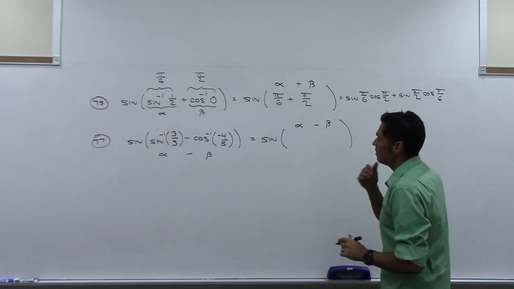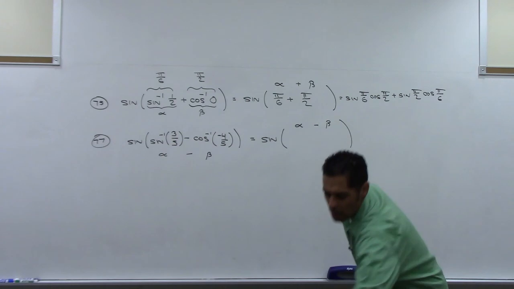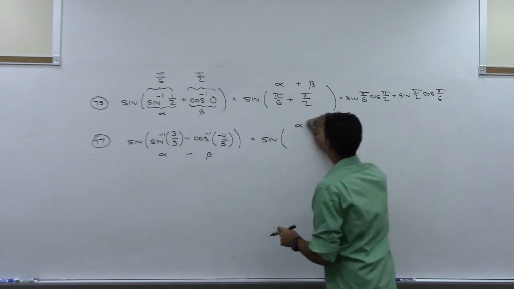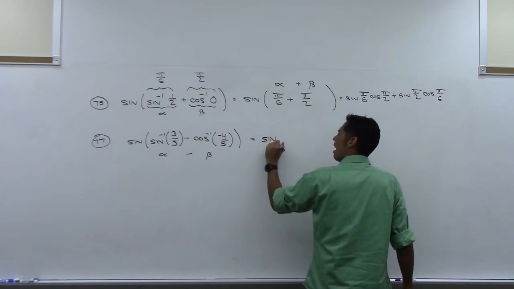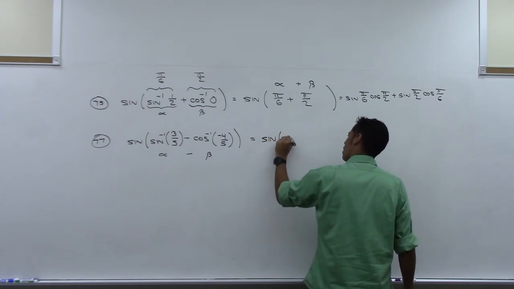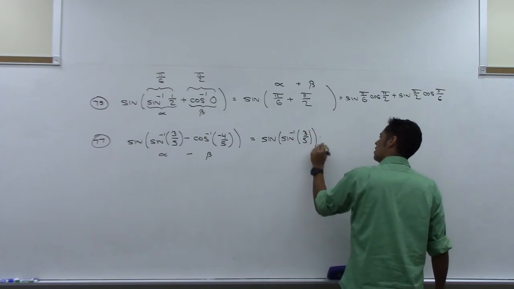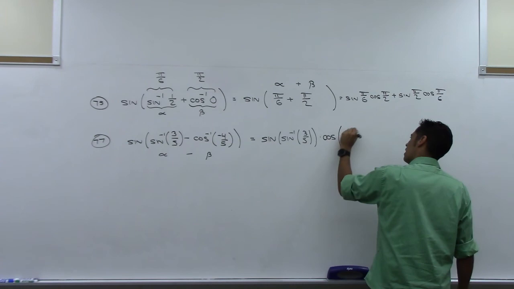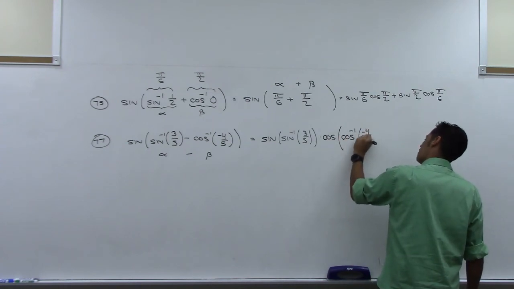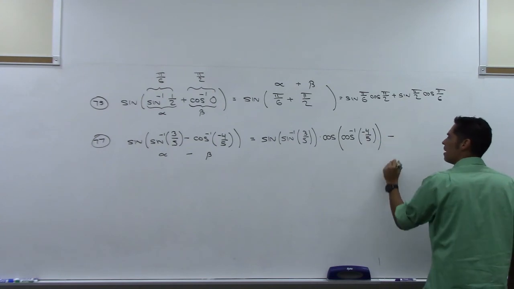But in this case, it's a little harder. So let me just go right to the formula. Sine of alpha minus beta would be sine alpha, which is sine of arc sine of 3/5 times cosine of beta, which is cosine of cosine inverse of negative 4/5. And then since it was minus, it's minus.